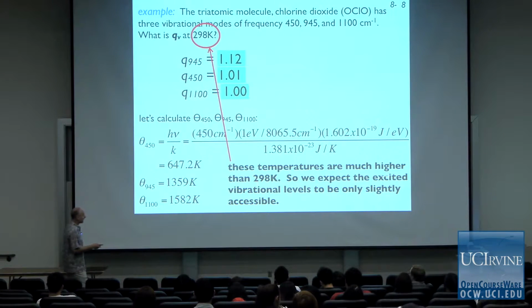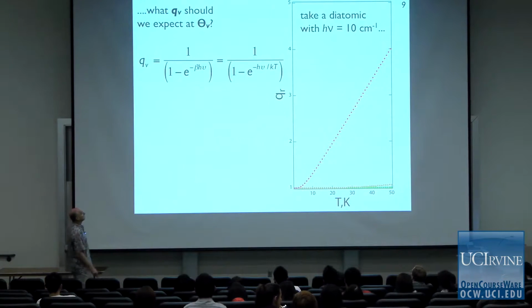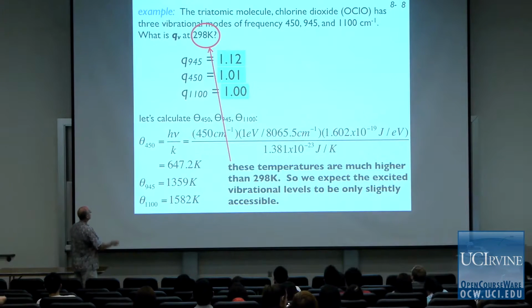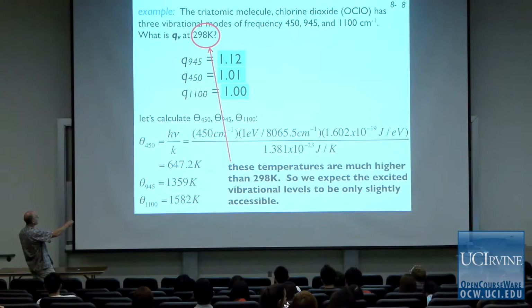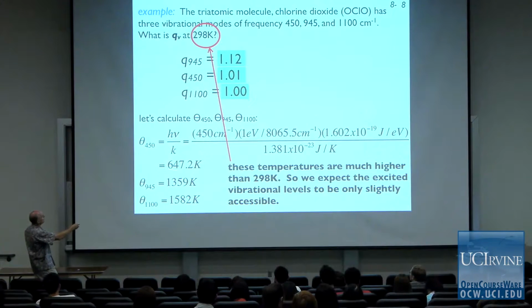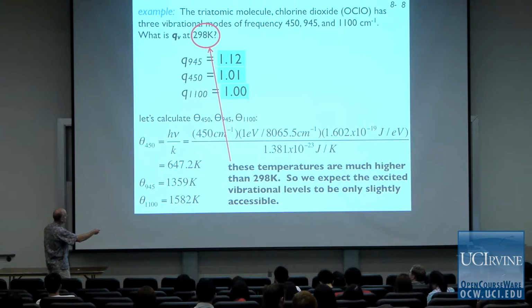All right, we expected excited vibrationals to be only slightly accessible. Well, I did that. I calculated the characteristic vibrational temperatures for each one of these modes, and I got 647 Kelvin, 1300 Kelvin, 1500 Kelvin, temperatures that are way higher than this temperature.